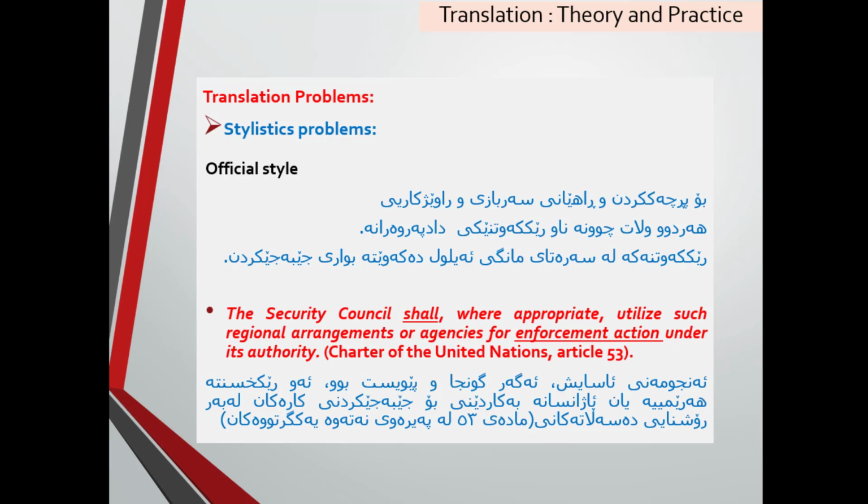So the best thing to do is to read some background knowledge about these cases, these contracts, these charters, in order to know what the peculiar features of that specific official style are. This will help you and facilitate your work when you start translating, because it should not be translated into common language or common words.